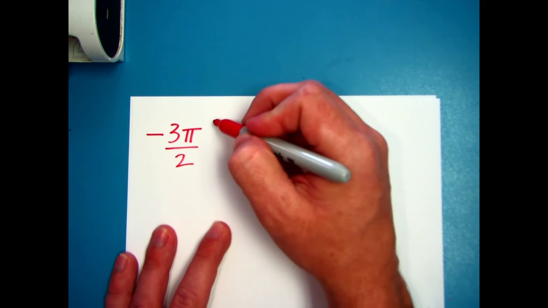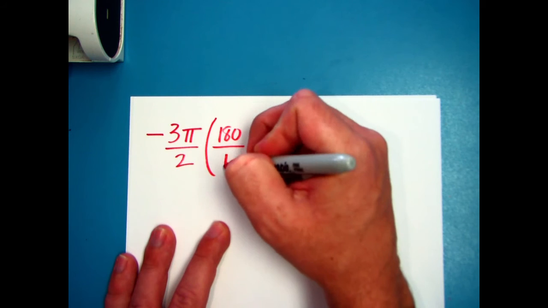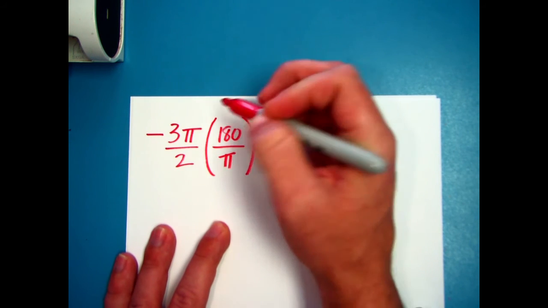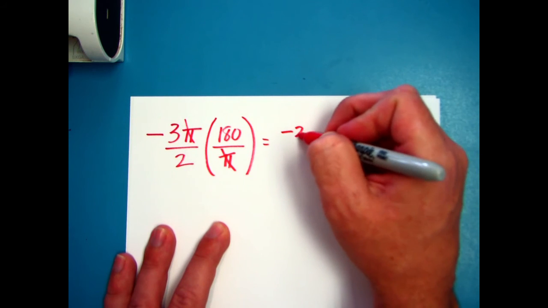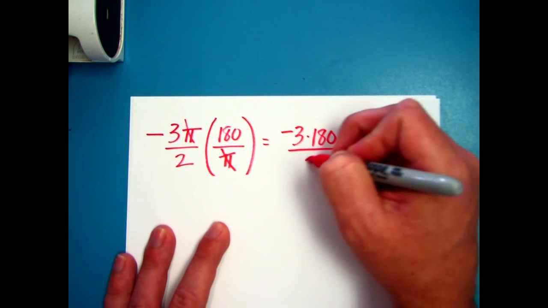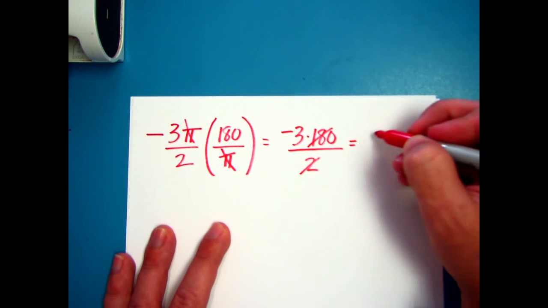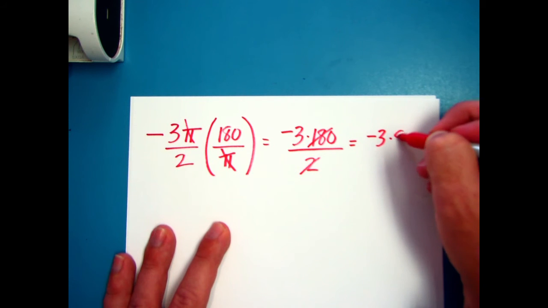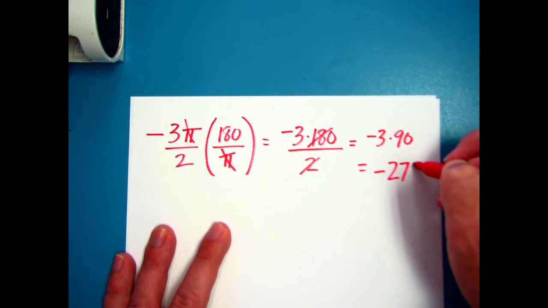Here we have negative 3 pi over 2 radians. Doing a quick unit conversion to degrees, calculations tell us that this is equivalent to negative 270 degrees.